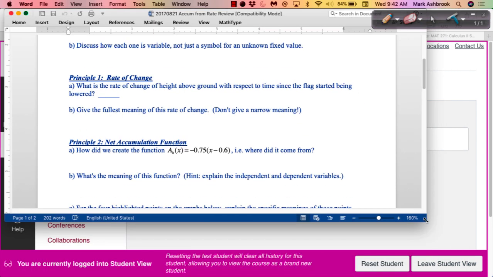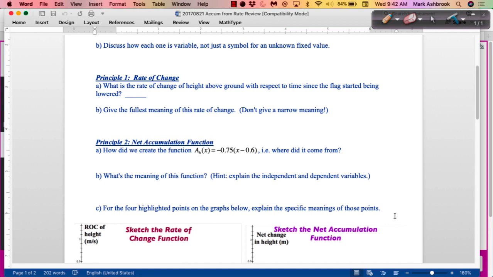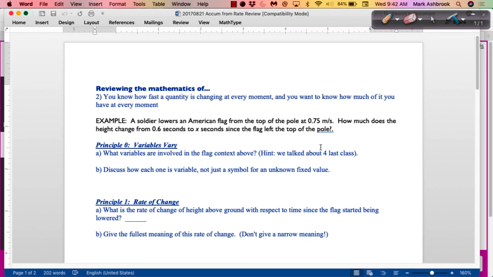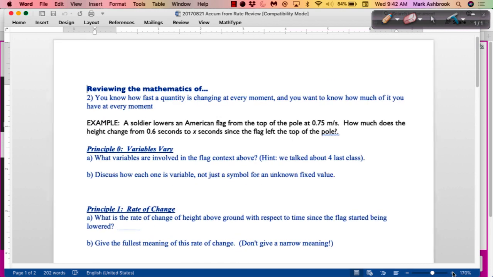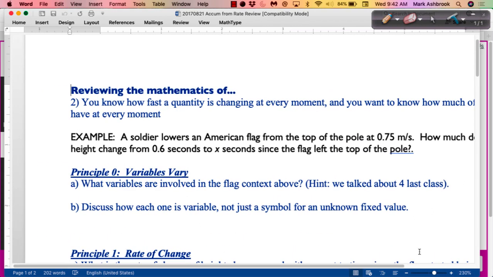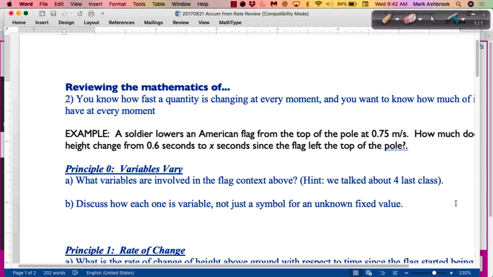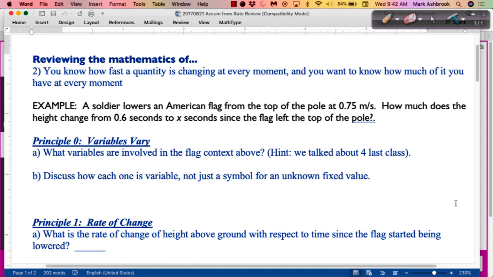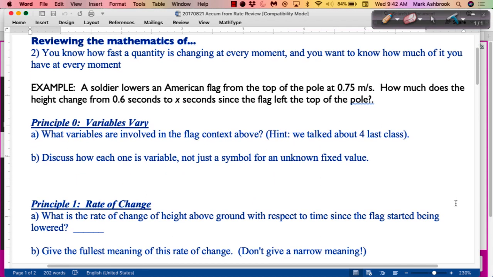We are doing a review crash course of one of the important problems in calculus, which is this one at the top. You know how fast a quantity is changing at every moment, and you want to know how much of it you have. This could be argued to be half of calculus.